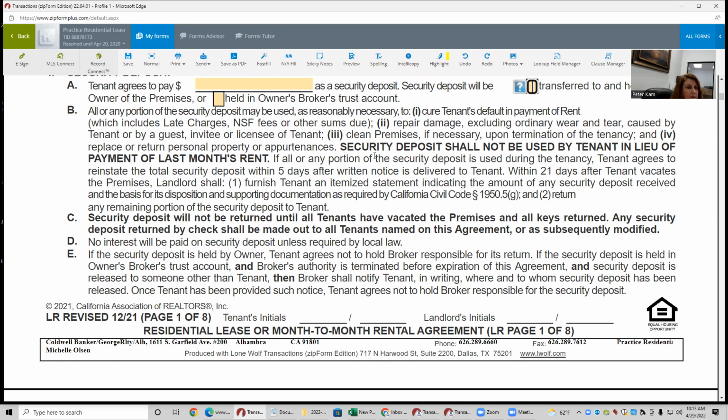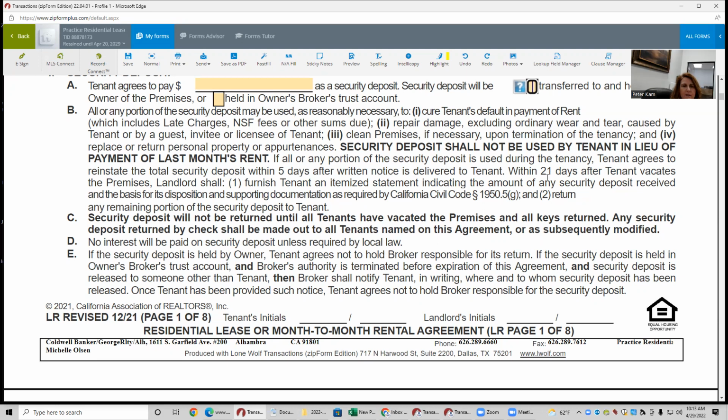However, the security deposit cannot be used by the tenant for the last month's rent. So some tenants think they can use that security deposit for their last month's rent. No, they can't. You still need to do a walkthrough and check that unit to make sure everything's fine.